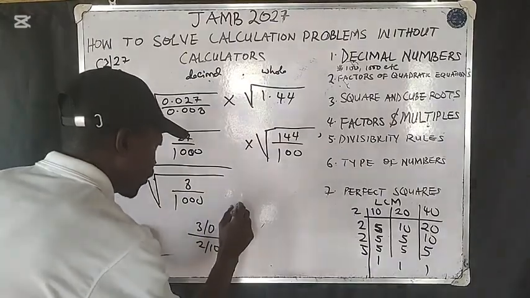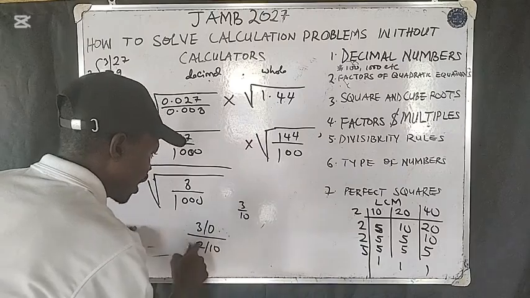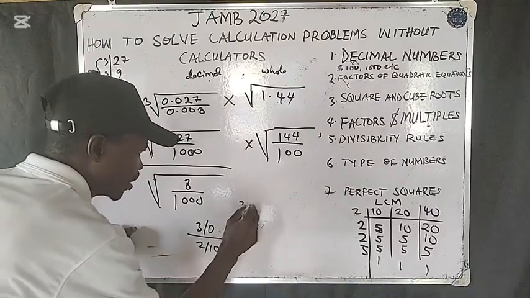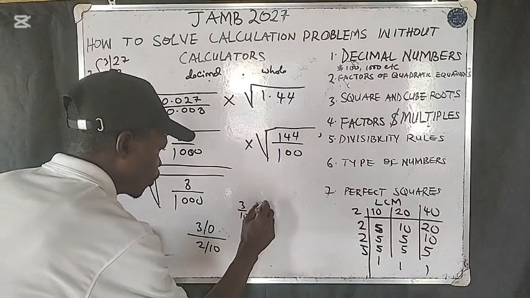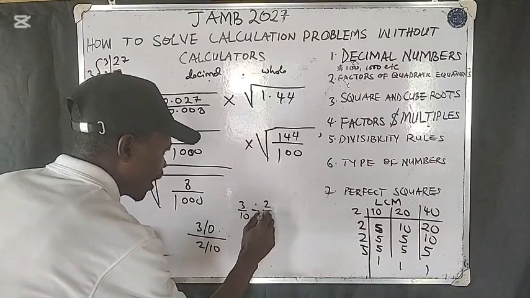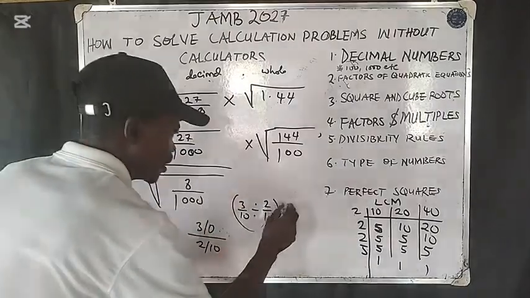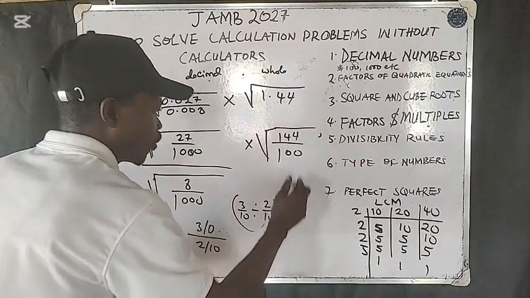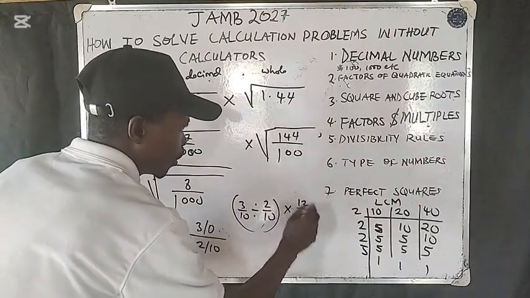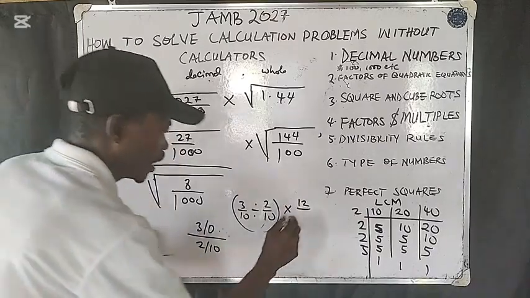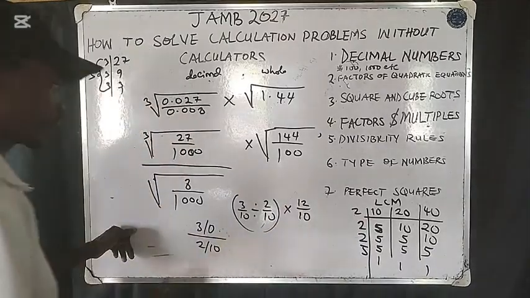We write 3 over 10 over 2 over 10, right? Over means divide. Then we should not forget this, right? Times square root of 144 is what? 12. Of 10 is what? 10. So we have this.